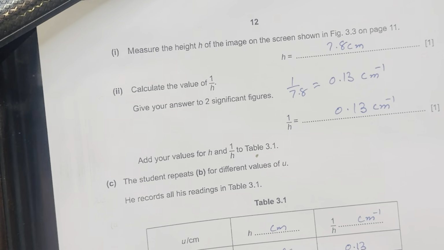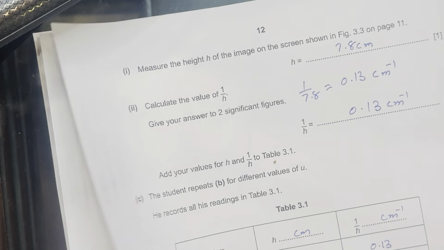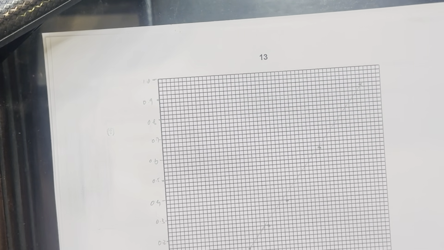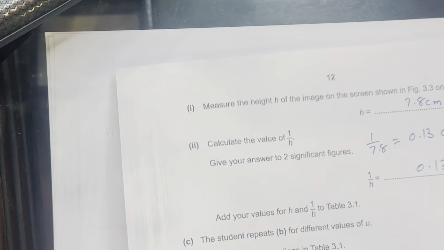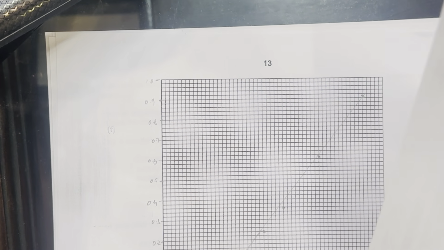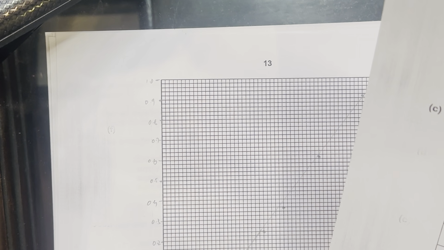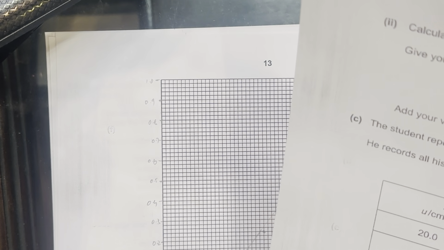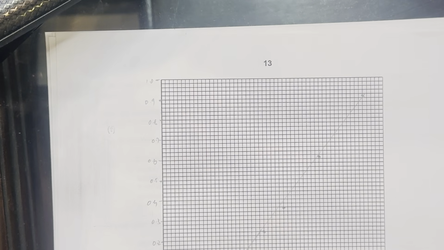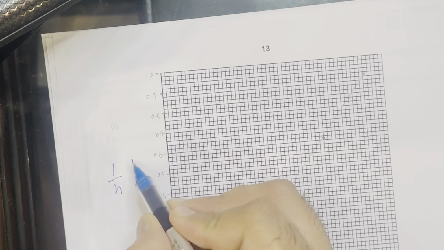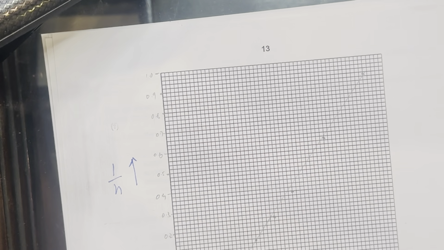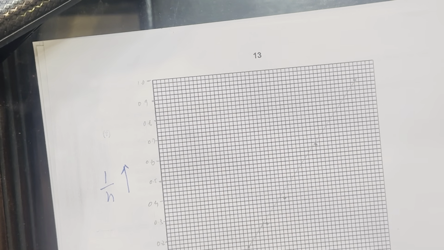Okay, we need to draw the straight line of best fit. u would be taken on the x-axis and 1 over h would be taken on the y-axis. So we're going to write over here 1 over h on the y-axis and u on the x-axis.